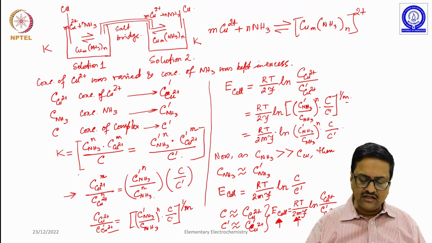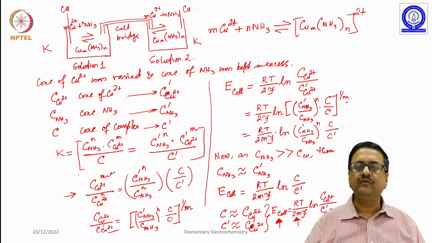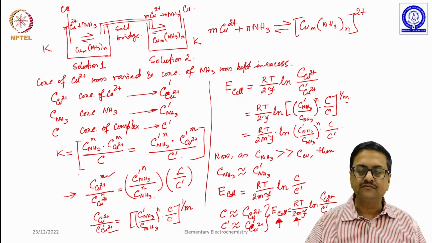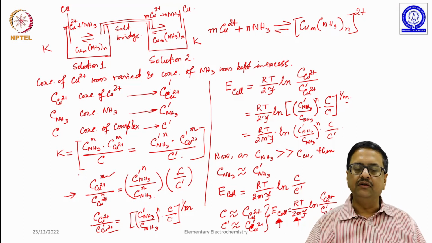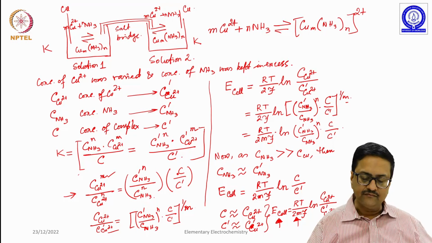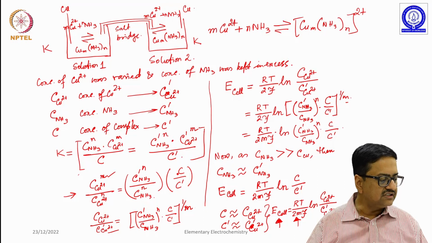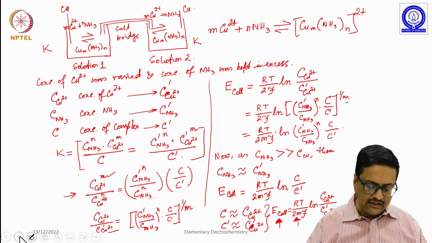And when you have determined the value of m, using concentration of copper and concentration of the complex, one can easily determine the value of n as well. So, using this method one can determine the composition of a metal complex with a ligand.